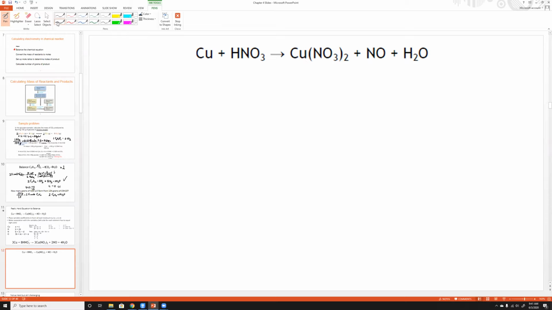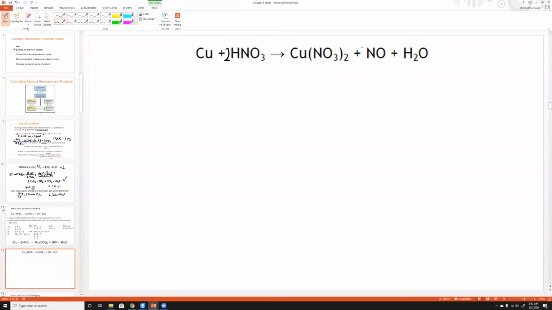But basically, let's try to solve this using our old method. You have copper. One copper there, one copper here. You have hydrogen. 2 hydrogens here, 1 hydrogen here. You put a 2. Nitrogen. 2 nitrogens, 2 nitrogens. Oh, wait, 3 nitrogens. What do I do?